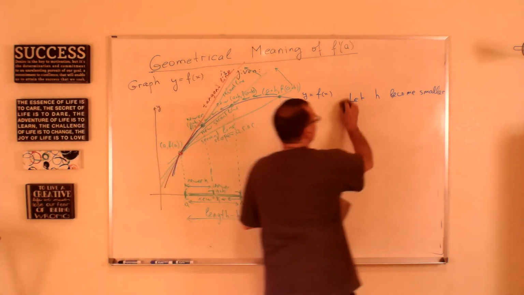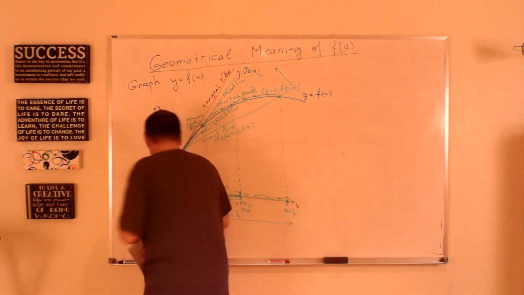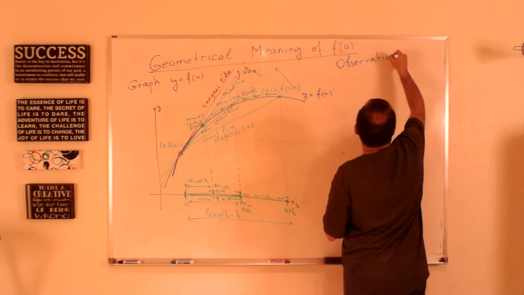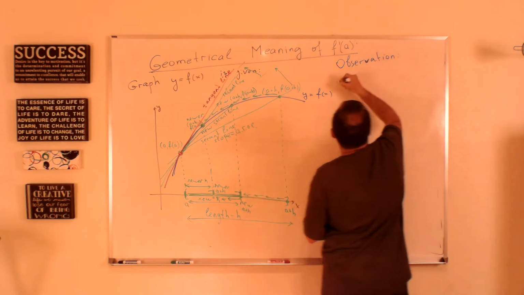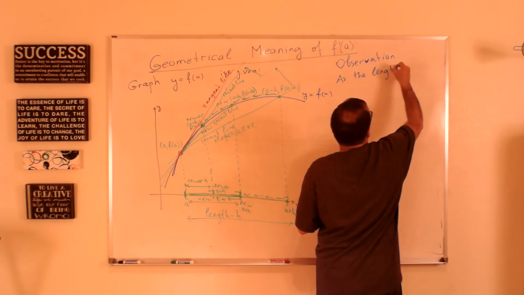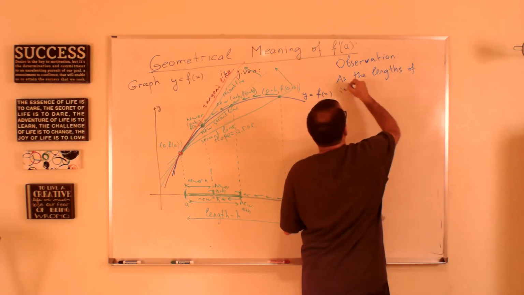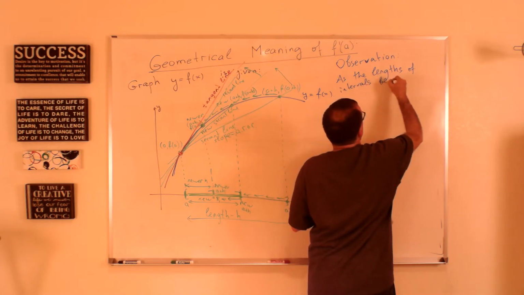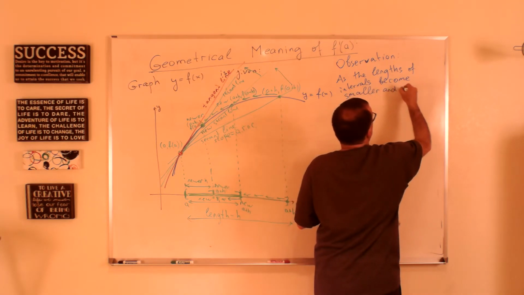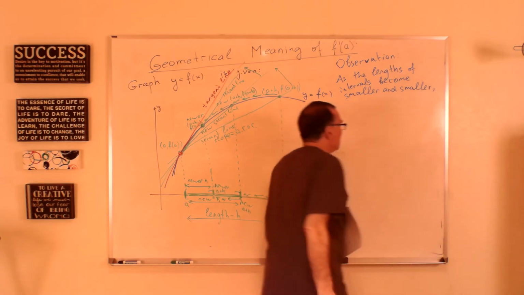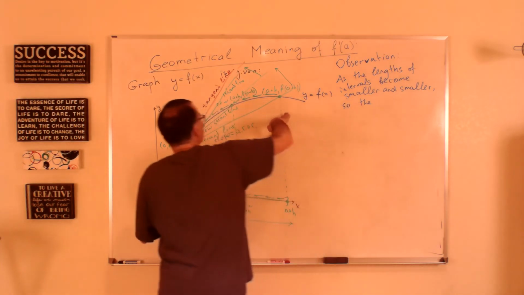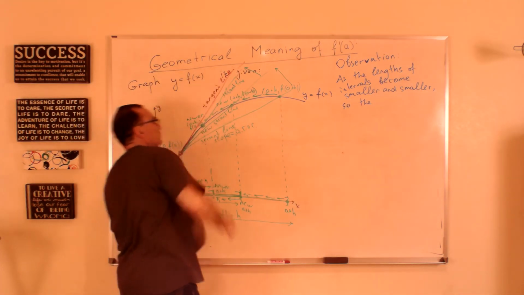So let me write this down. Here is the observation. As the lengths of intervals become smaller and smaller, the secant lines will rotate and eventually become the tangent line.